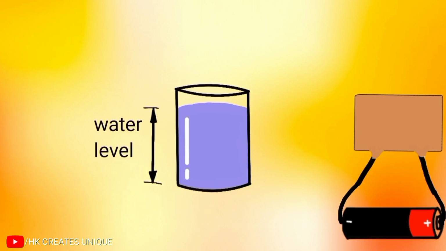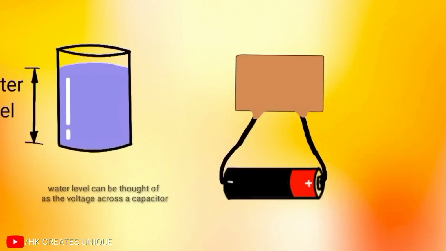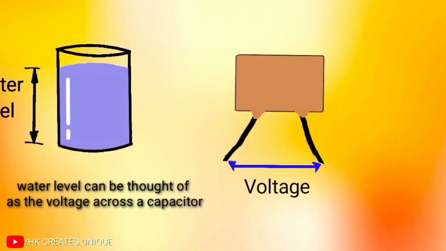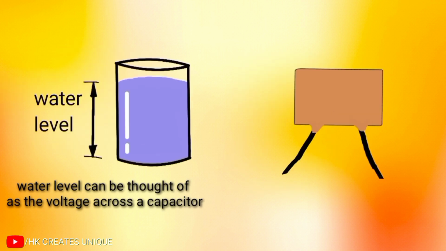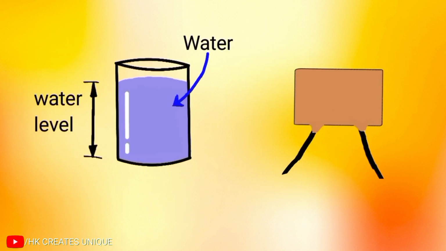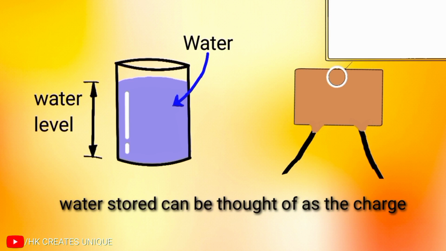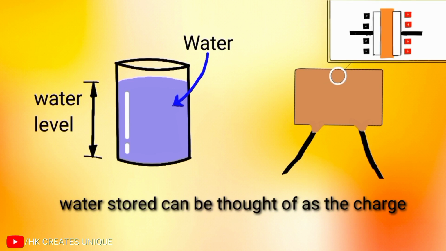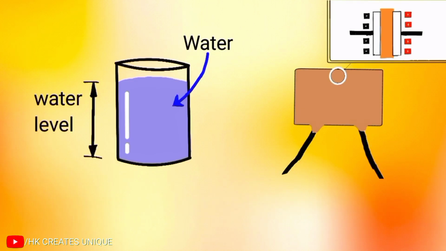The water level of the bucket can be thought of as the voltage across a charged capacitor. Also, water in the bucket can be thought of as the charge the capacitor has stored, which we already discussed.